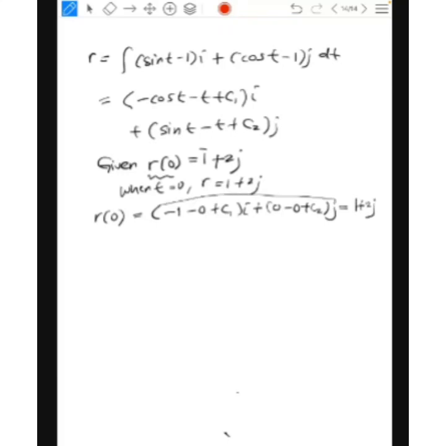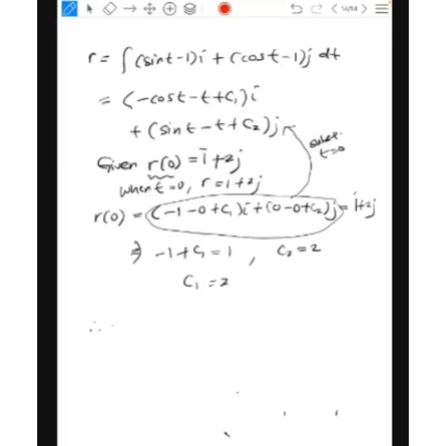Equating the left hand side and right hand side, for i we have negative 1 plus C1 equals 1, and C2 equals 2. So C1 equals 1 plus 1, which is 2.